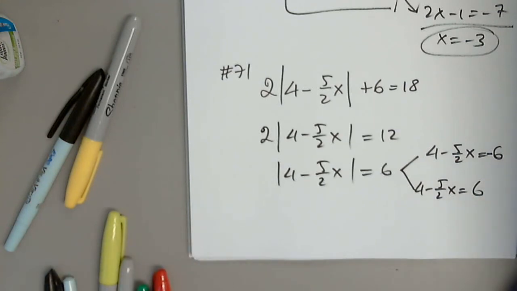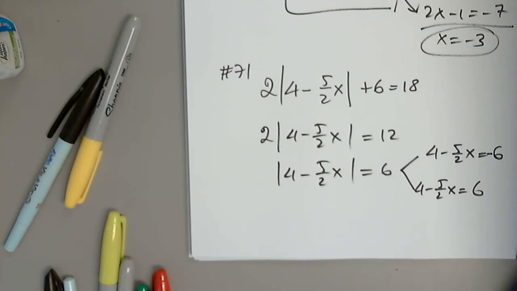Very good. So let's solve those. What type of equation is this? Yeah, well, it is a binomial, but we don't have a binomial equation per se.